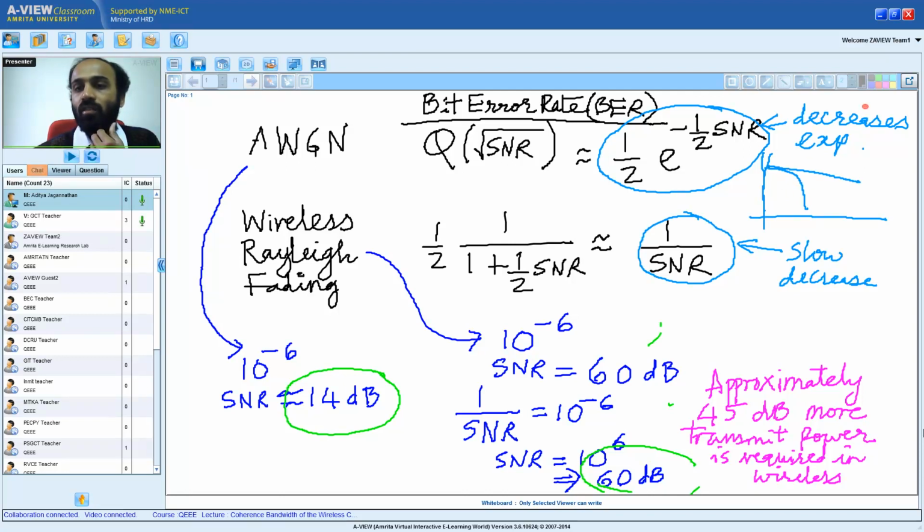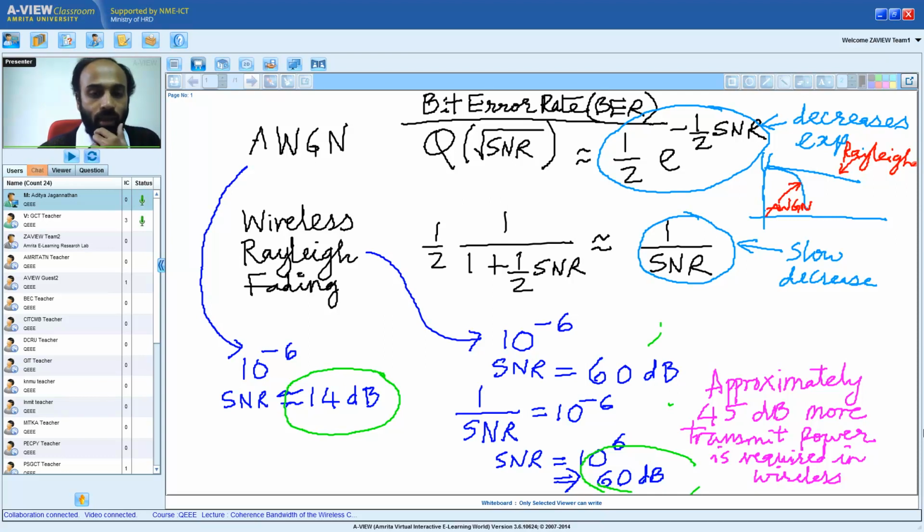So this is the curve for AWGN and this is for Rayleigh. The bit error rate of a wireless fading channel decreases much more slowly compared to an AWGN channel.